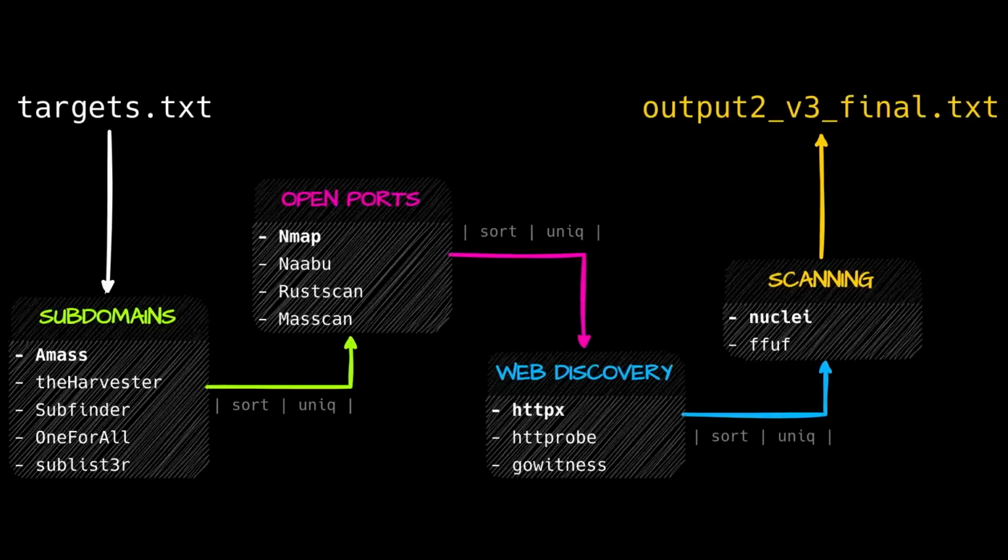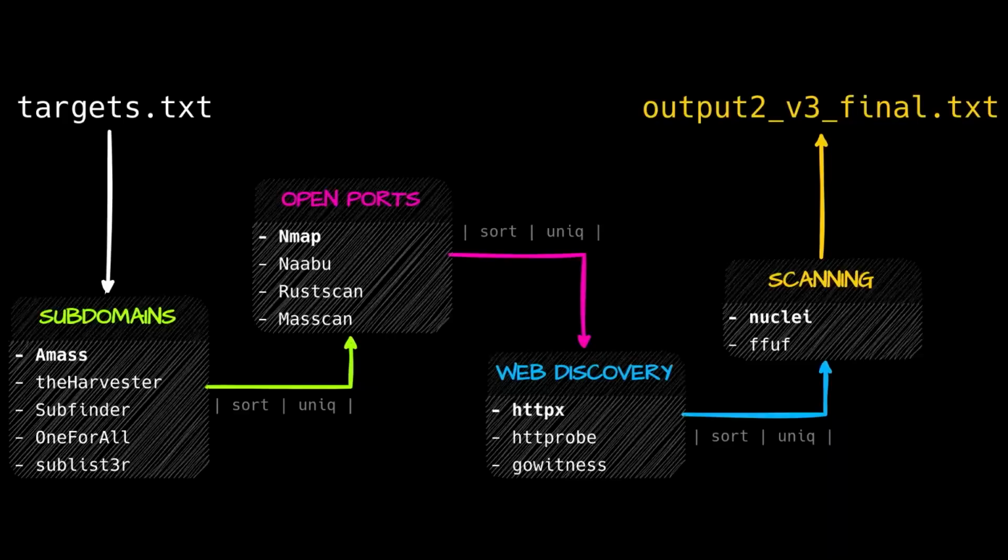So to explain how BBOT works, I want to compare it to the traditional workflow of what you're doing as a pen tester or as a bug bounty hunter to gather as much data about a target as you can. So here's a standard workflow. For a lot of you guys, it probably looks pretty familiar. Basically, you start with some targets, you put them into some subdomain enumeration tools like Amass, right?